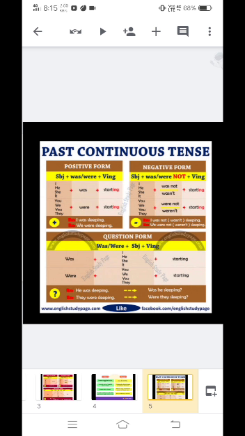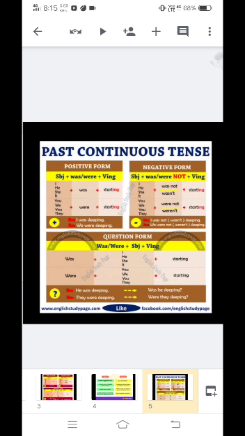Always remember, in this tense, was is used with he, she, it, and were is used with you, we, they, and then the verb and then the ing. Like I, he, she, it plus was plus starting; you, we, they plus were plus starting. Example, I was sleeping, we were sleeping, like that.